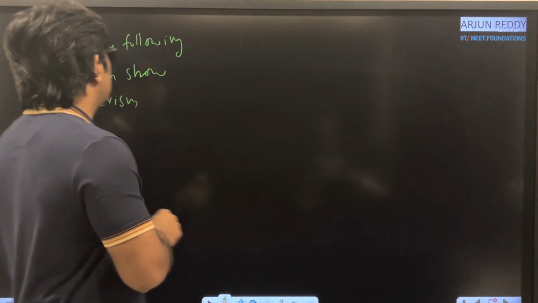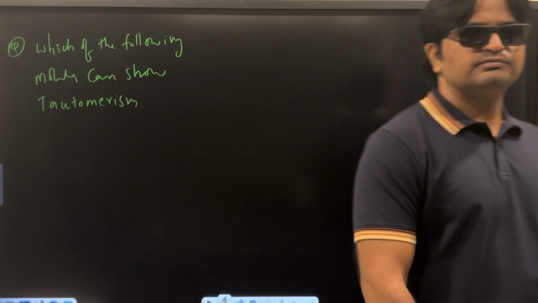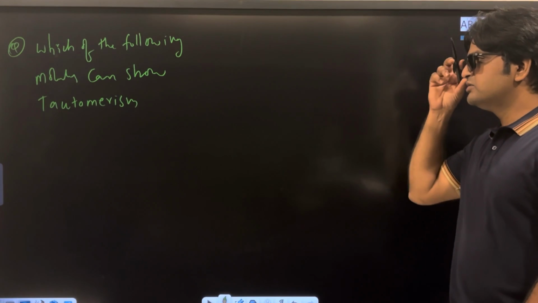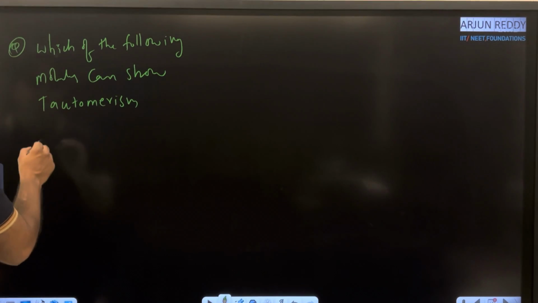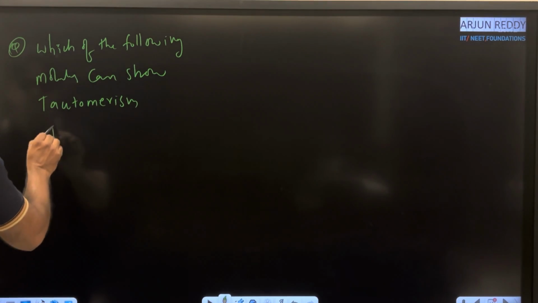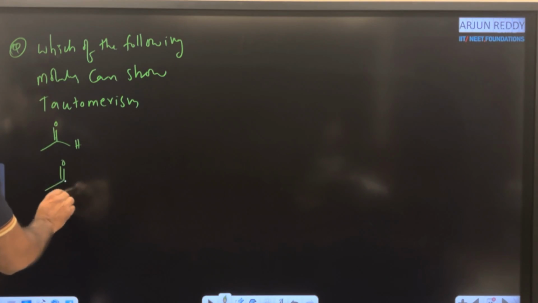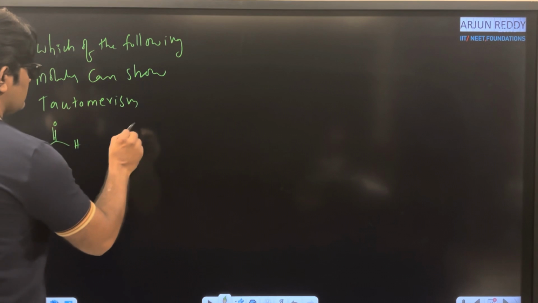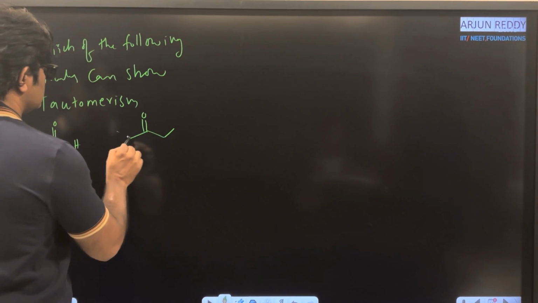Write that question. Which of the following molecules can show tautomerism? Here I am giving some examples. From that you try to identify which molecule can exhibit tautomerism. Aldehyde, ketone, and here another ketone like this.